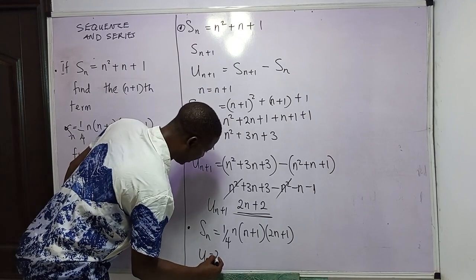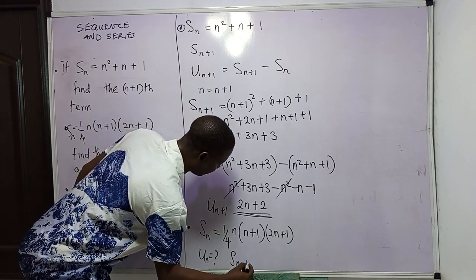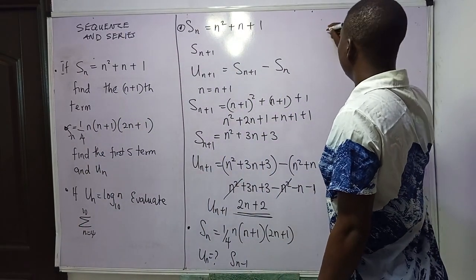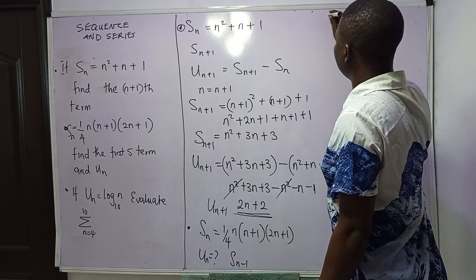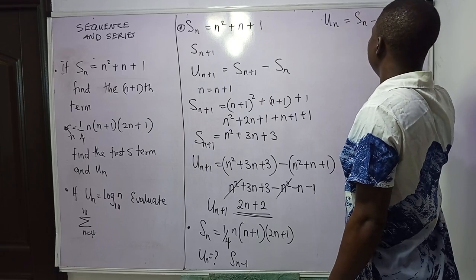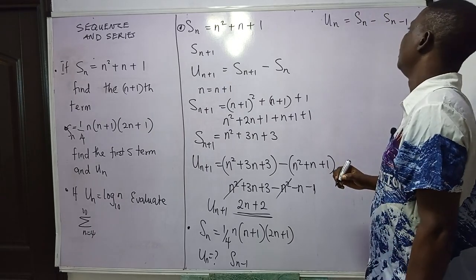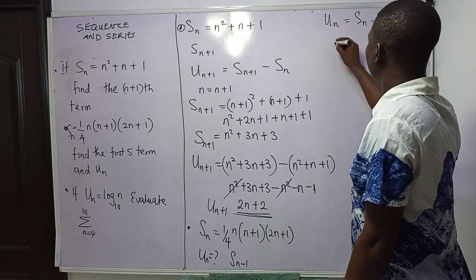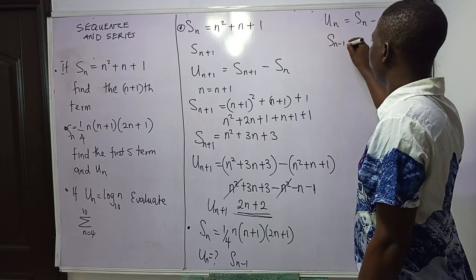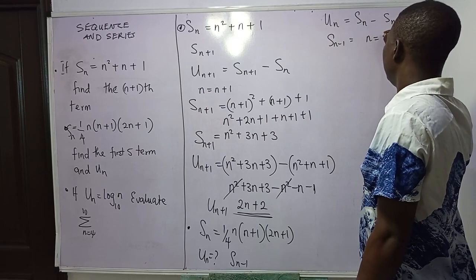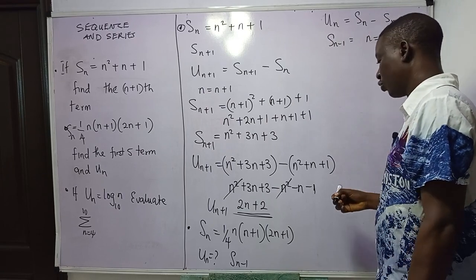And that means for us to find the nth term, we need S n minus 1. We're looking for u n, which can be solved by S n minus 1. S n minus 1 can be solved by replacing n with n minus 1.